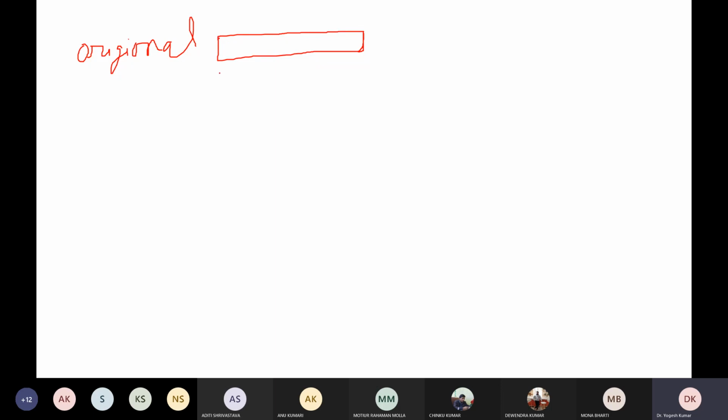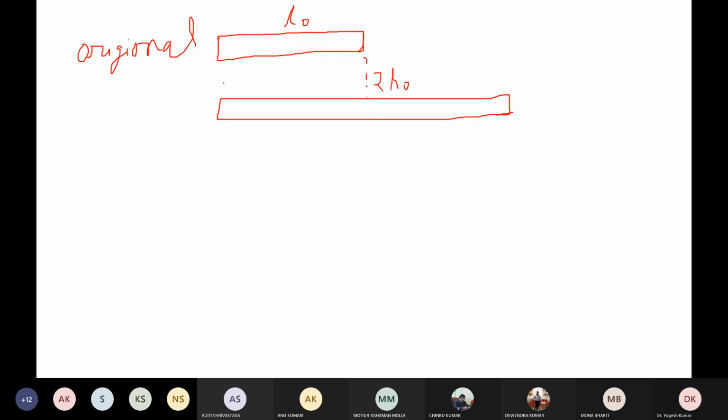Suppose in the tensile test you have stretched it to a value which is twice your initial length. So your initial length was L0, and now your length is 2L0. This is case one, the tensile test.